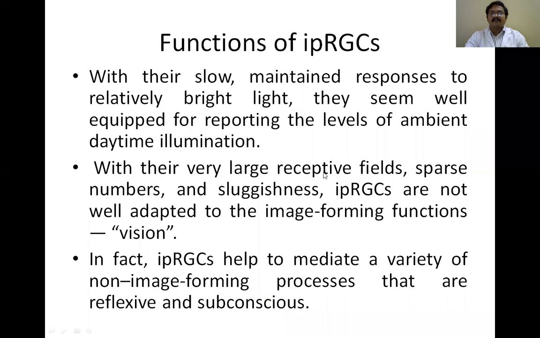What are the functions of the intrinsic retinal ganglion cells? Their action is slow, and it maintains the response to bright light. They seem well equipped to report the level of ambient daylight illumination. They play an important role in the circadian cycles and the sleep-wake cycles. These cells have very large receptive fields, their number is small, and their action is sluggish and slow.